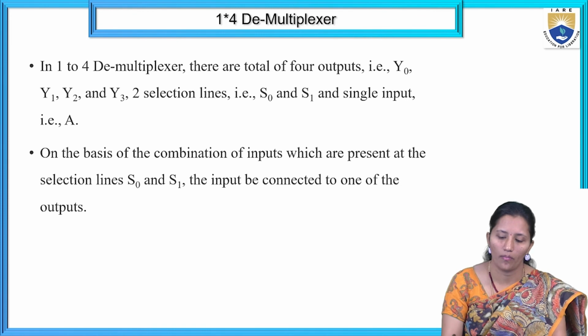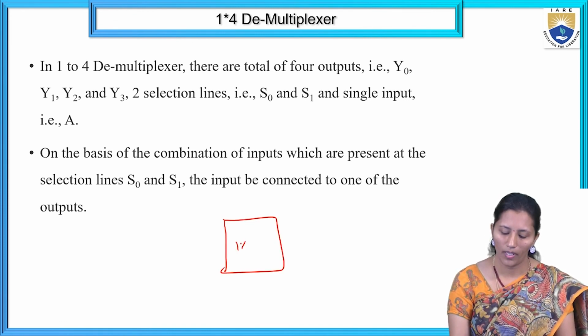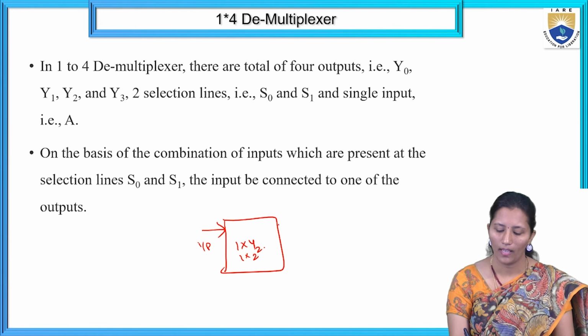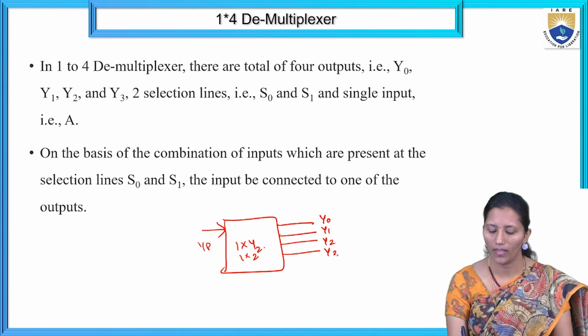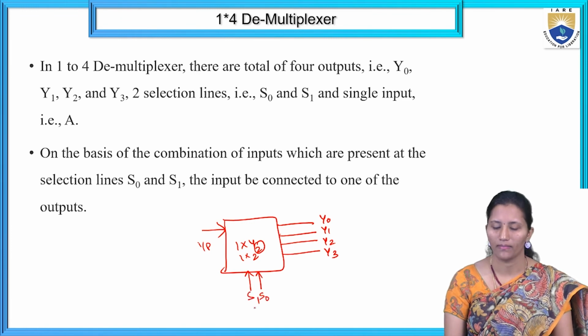To get the 1 by 4 demultiplexer, we can write 1 by 2 power 2. It has only one input and 4 outputs, Y0, Y1, Y2, Y3, and 2 selection lines, 2 power 2, S0 and S1.